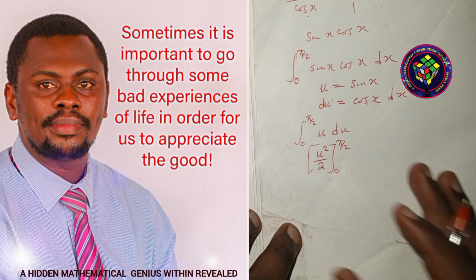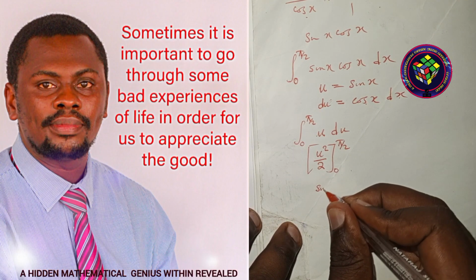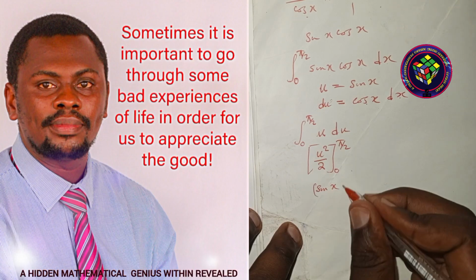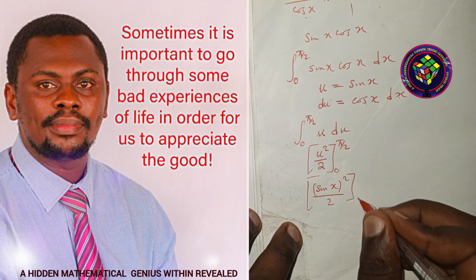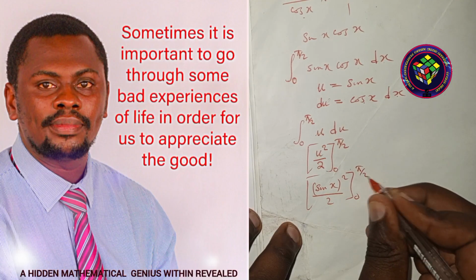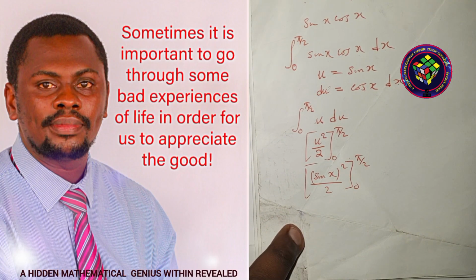Again, we know that u is sine x, so we have sine squared x over 2, with limits from 0 to pi over 2. The upper limit should subtract the lower limit.